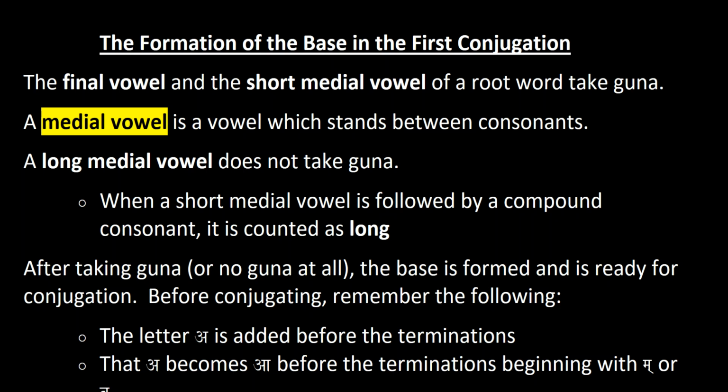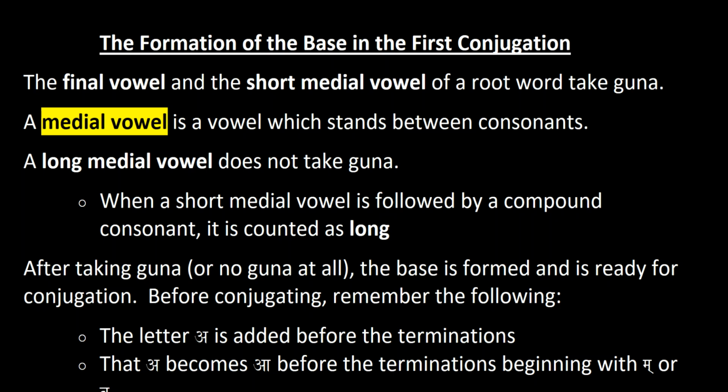But we're not going to stop right there because there are more rules to follow. So for now, let's keep in mind that the final vowel and short medial vowel of a verbal root take guna, but a long medial vowel does not. And a short medial vowel is considered to be a long medial vowel when it is followed by a compound consonant.